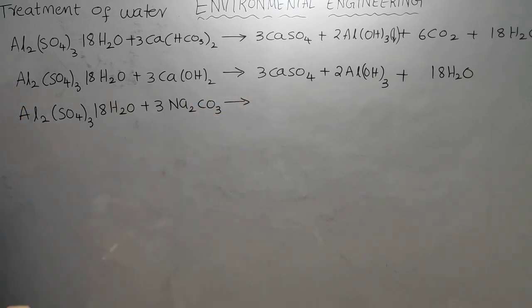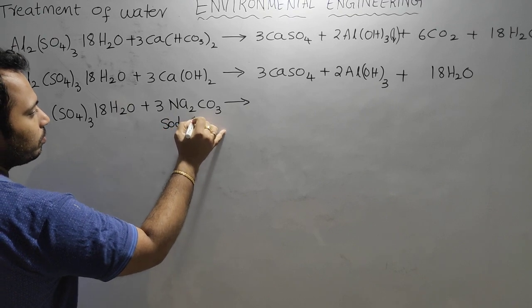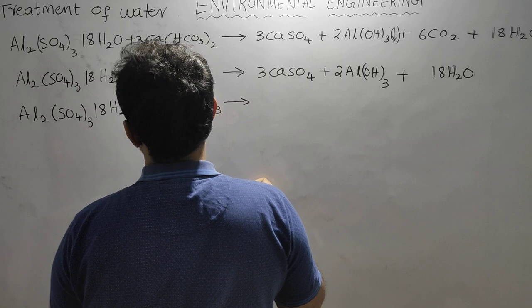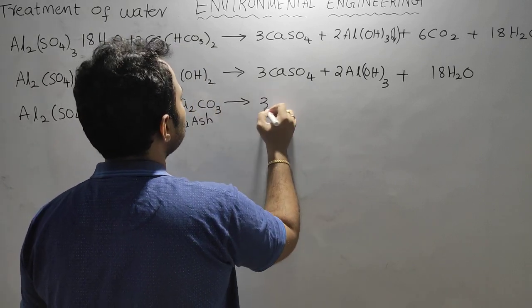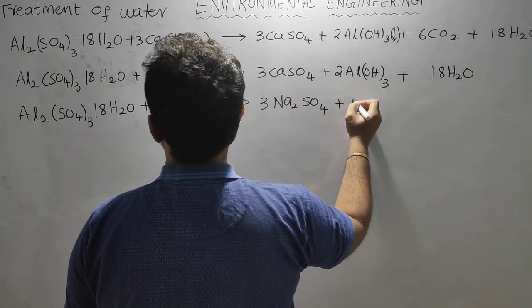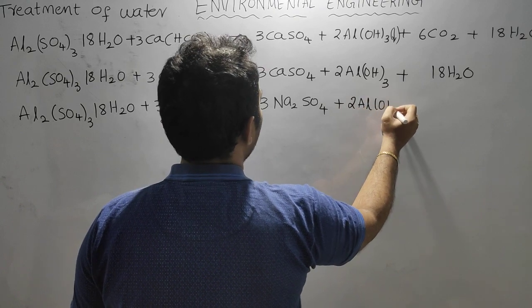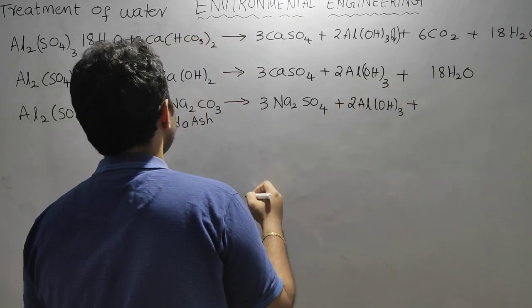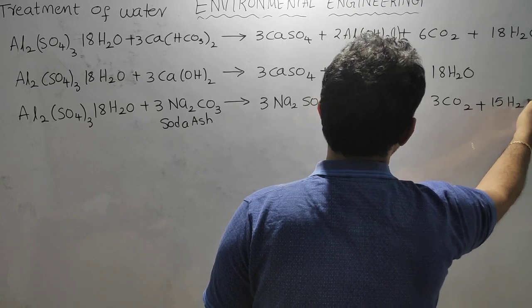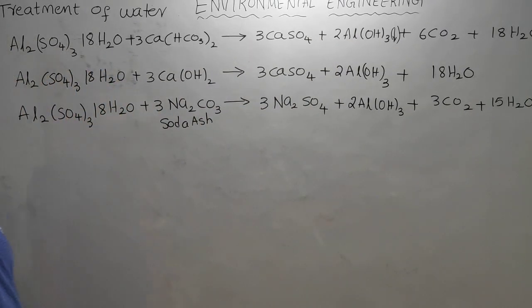This is soda ash, sodium carbonate, then it will form 3Na2SO4 plus 2Al(OH)3 plus 3CO2 plus 15H2O. So here, these are the reactants.